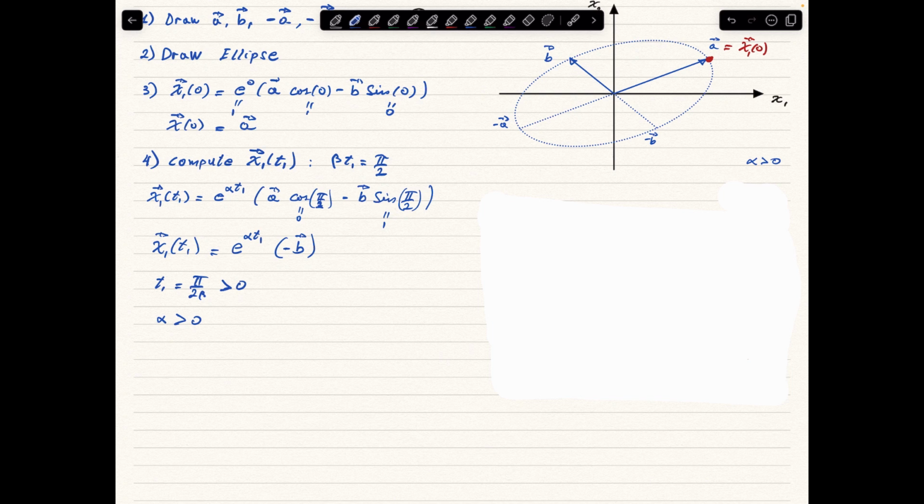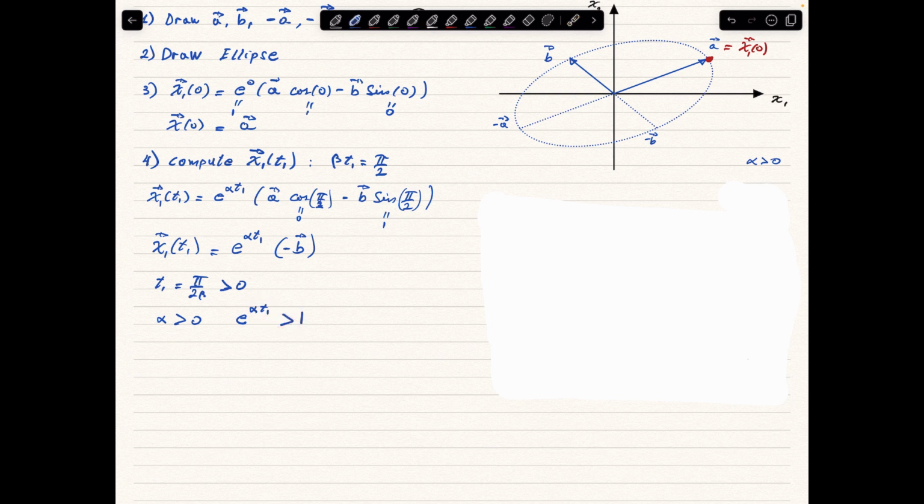Well, exponential alpha t1 is also going to be positive, but what is more important than positive is that it is going to be larger than 1. Recall, the exponential at 0 is 1, but the exponential at a positive exponent is larger than 1.